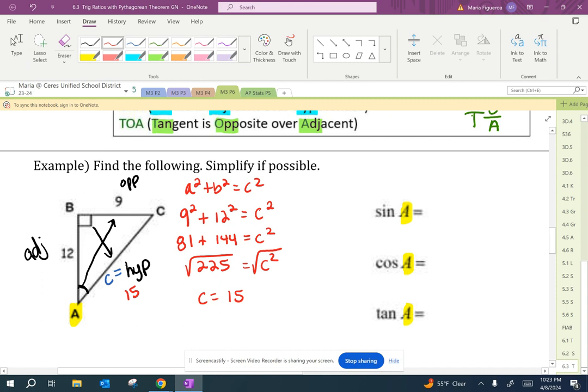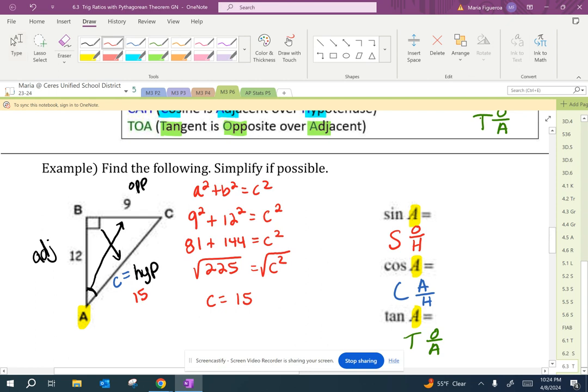And then I can use SOHCAHTOA now that I have my missing side to help us find the trig ratios. Sine is opposite over hypotenuse, so the opposite side is 9. Sorry, I said adjacent, but it's the hypotenuse. The hypotenuse is 15, and then I want to check if I can simplify.